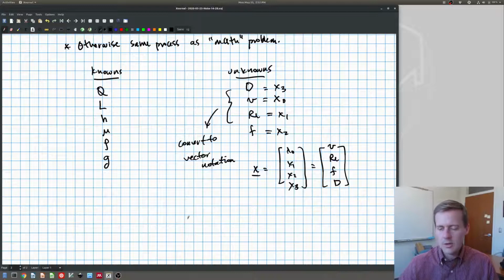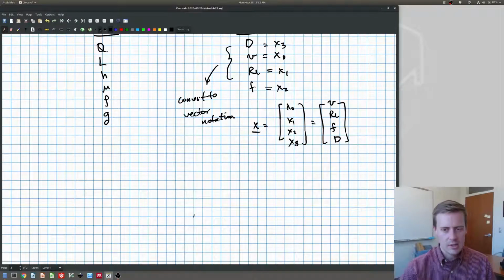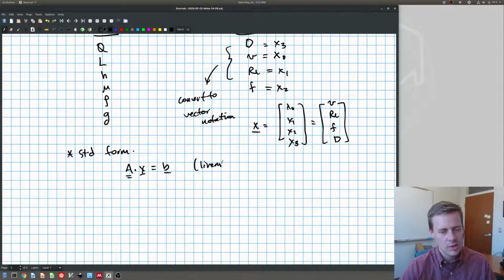And now we're going to want to write this in a standard form. Remember, standard form for a linear system is Ax equals b. For a nonlinear system, I have f of x, where both f and x are vectors, equal to 0.